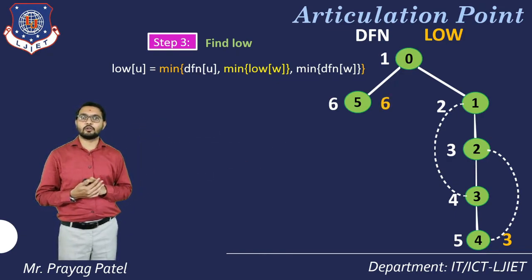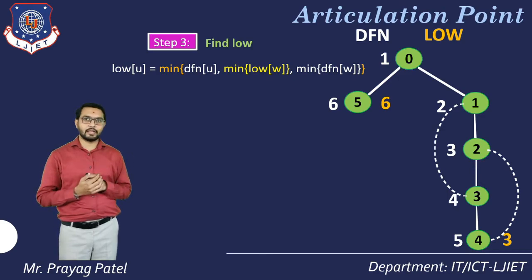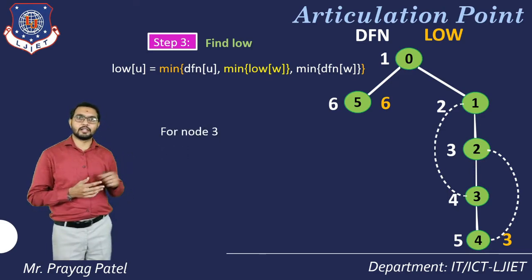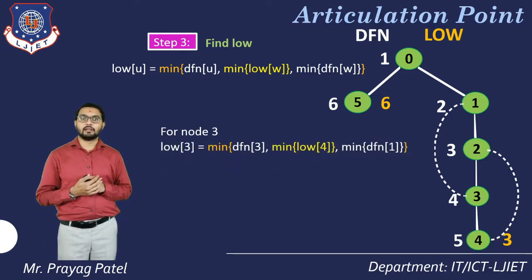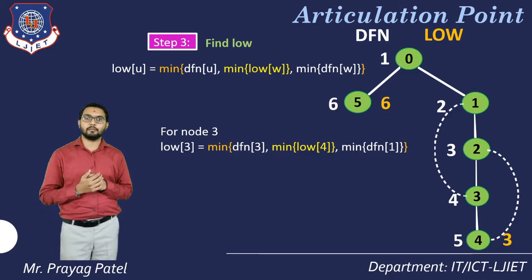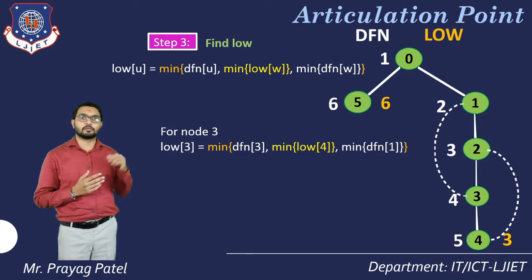Now consider the next node, going from bottom to top level. We already found the value for node 4 and for node 5. After that, consider node number 3 from the bottom. For node number 3, low of 3 equals the minimum of DFN of 3, low of 4, because 4 is a child of 3, and DFN of 1, because 1 is a back edge from node 3.